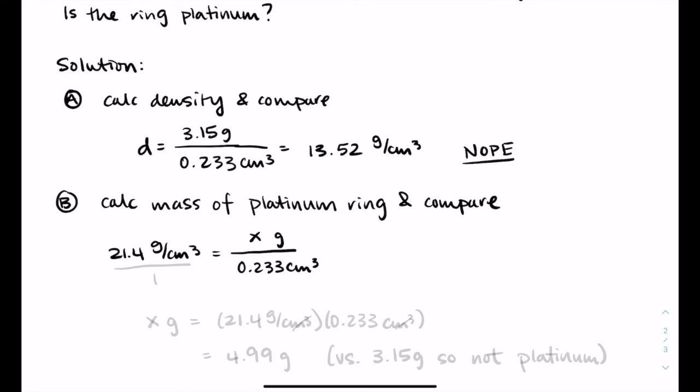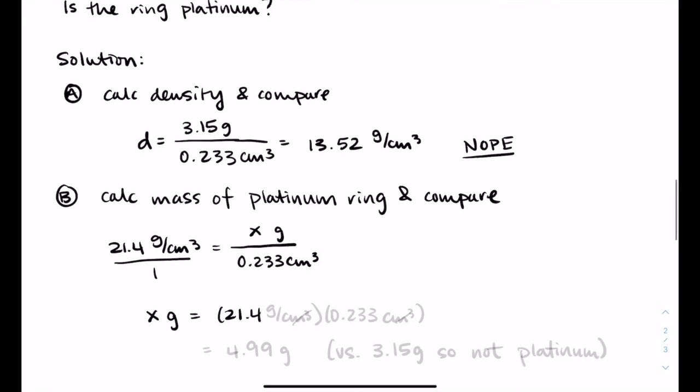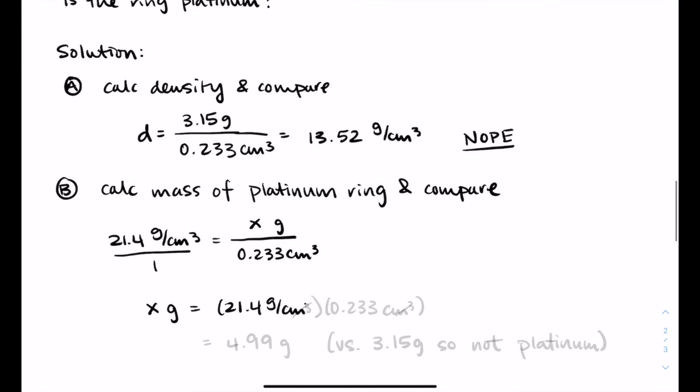So you have to do some cross multiplication, right? Whatever our value is in grams, it's going to be equal to 21.4 grams per cubic centimeter times 0.233 cubic centimeters. And this is good because we can check that our units are going to cancel.